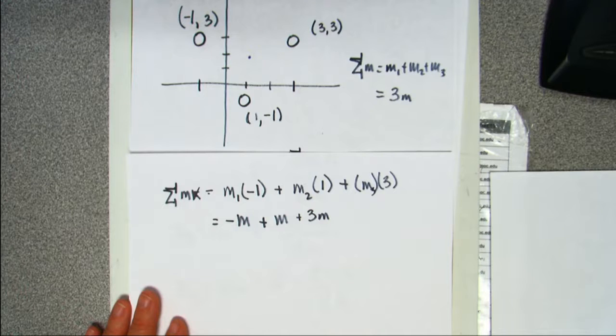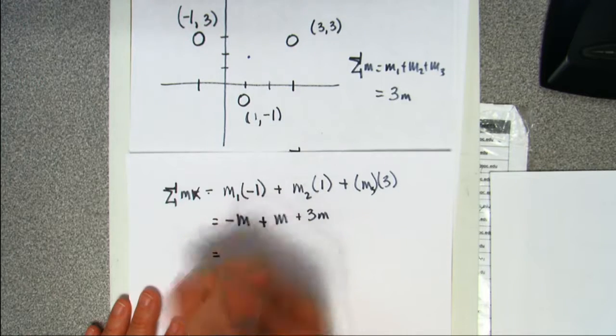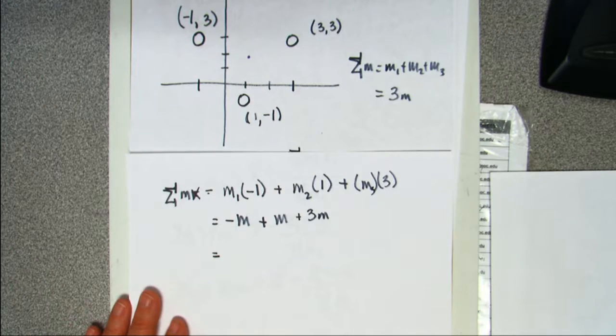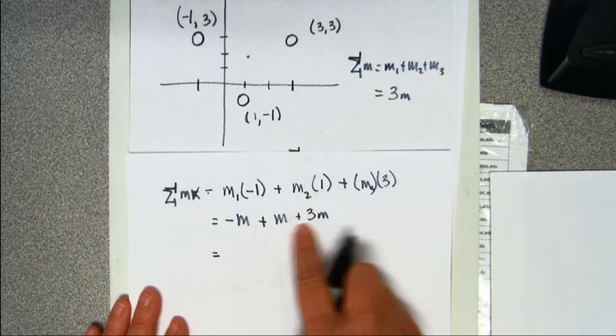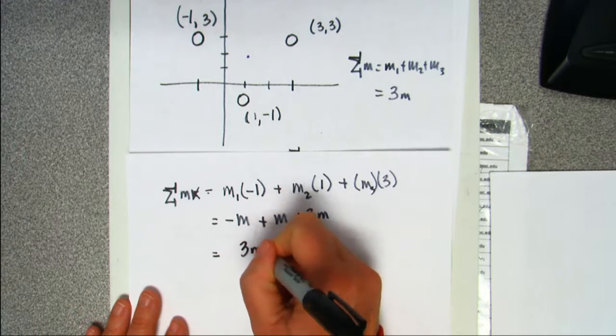Did I do that? -1, yeah, I did that right. Plus 3. So I'm going to get -1, 4, so I end up with 3m, right?